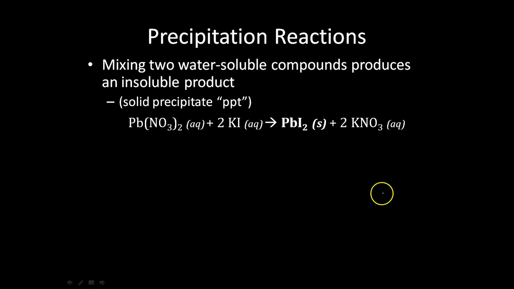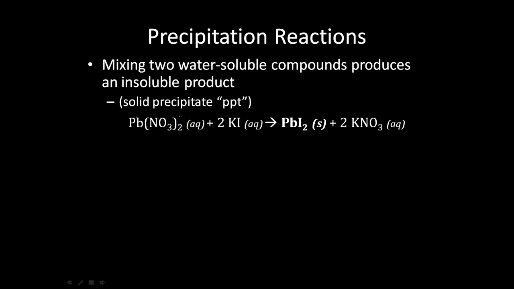Now, this type of reaction is, oddly enough, called a precipitation reaction. A precipitation reaction occurs when you mix two water-soluble compounds and it produces an insoluble product. We call the insoluble product the precipitate.